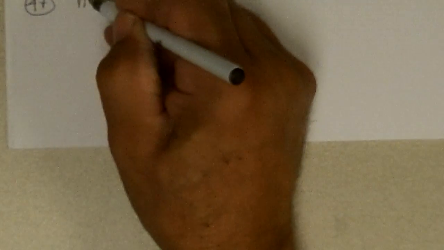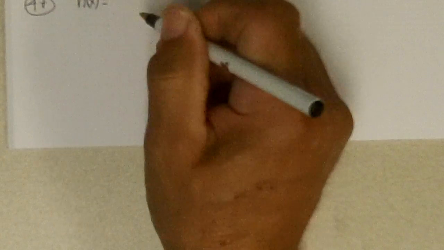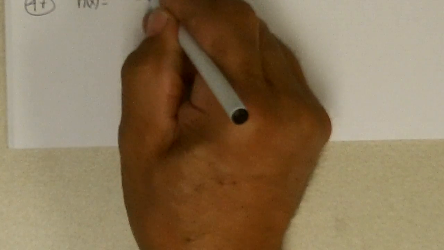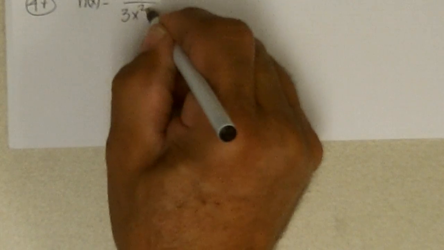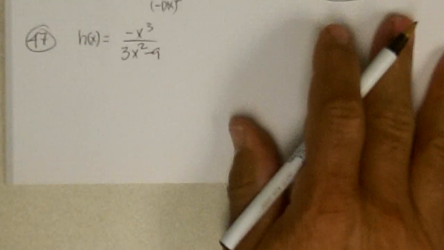47 is another one of these, and h of x was -x to the third over 3x squared minus 9.